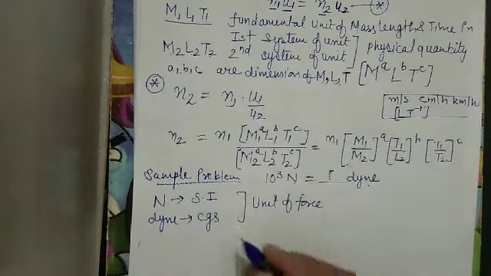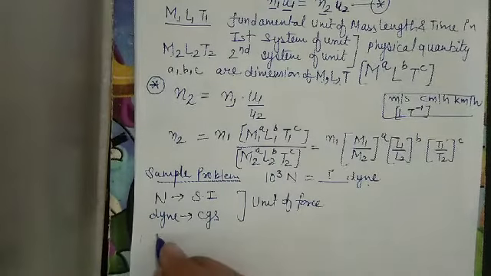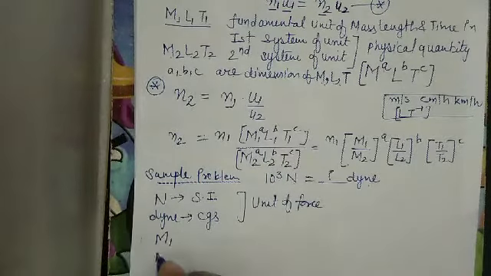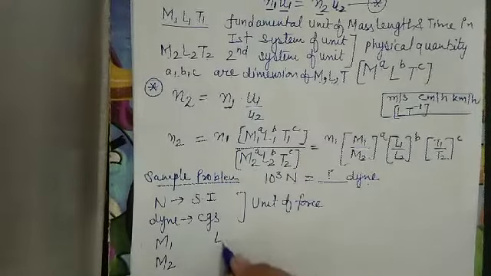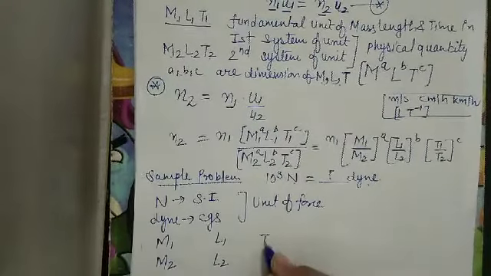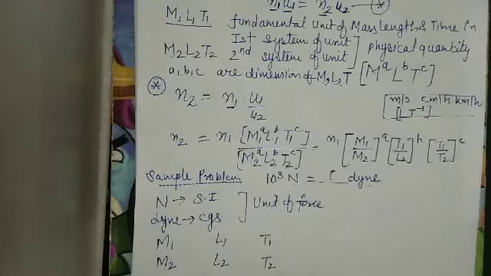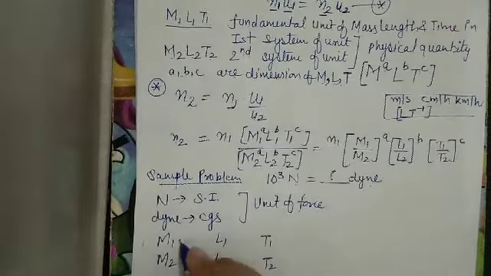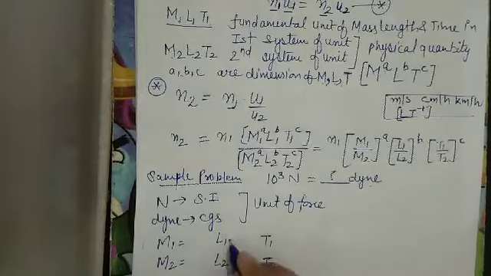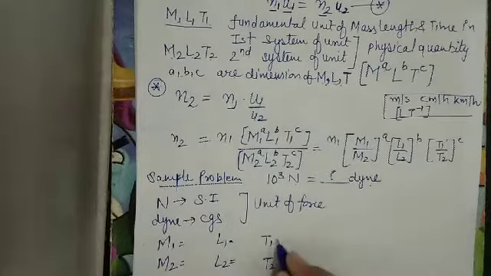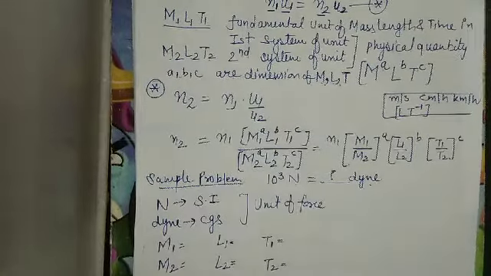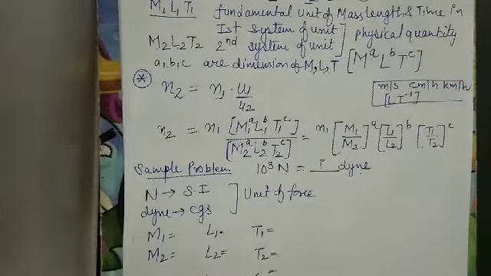Okay, so what is the way? We have to find M1, M2, L1, L2, T1, T2, A, B, C, N1. Don't worry, it appears cumbersome, but it's so easy.